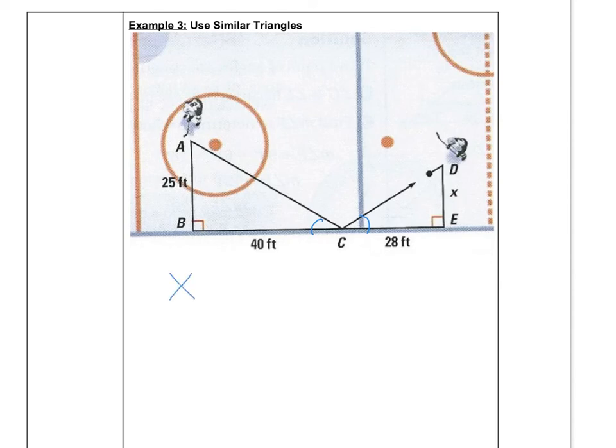We're going to say little triangle X over big triangle 25. Why did I set those equal to each other? Because they're corresponding parts, right? That is going to be equal to 28 over 40. Again, small triangle over the big one.